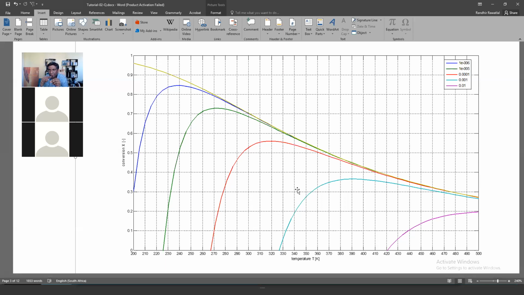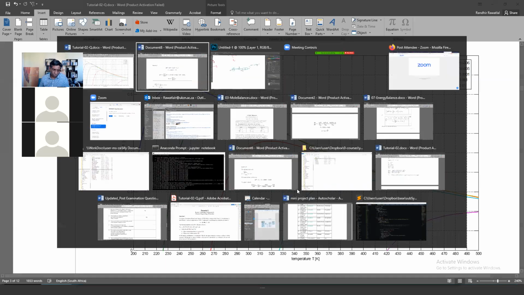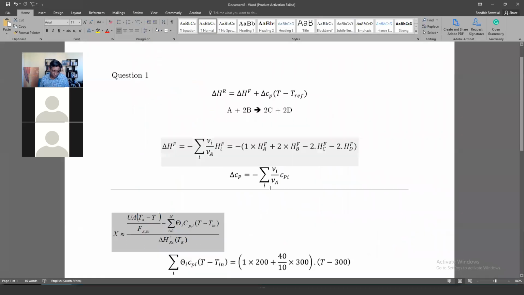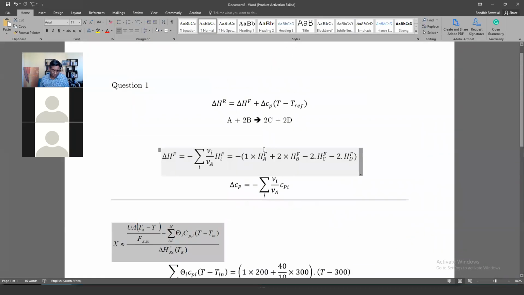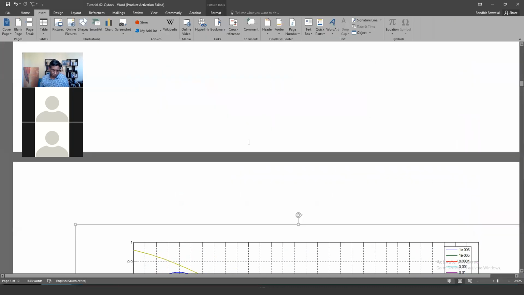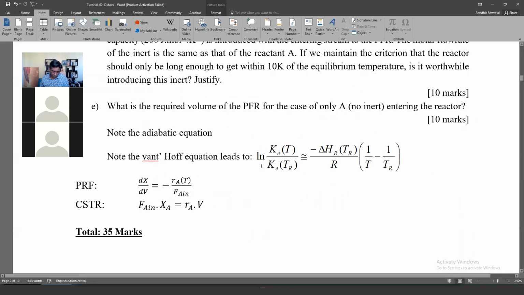When we move along that line, we are basically considering different size CSTRs. Maybe to explain that a bit, let's just take the design equation. This one. So this is our CSTR. If you think about what this equation is saying, if we use larger volumes, we will in effect be getting higher conversions.